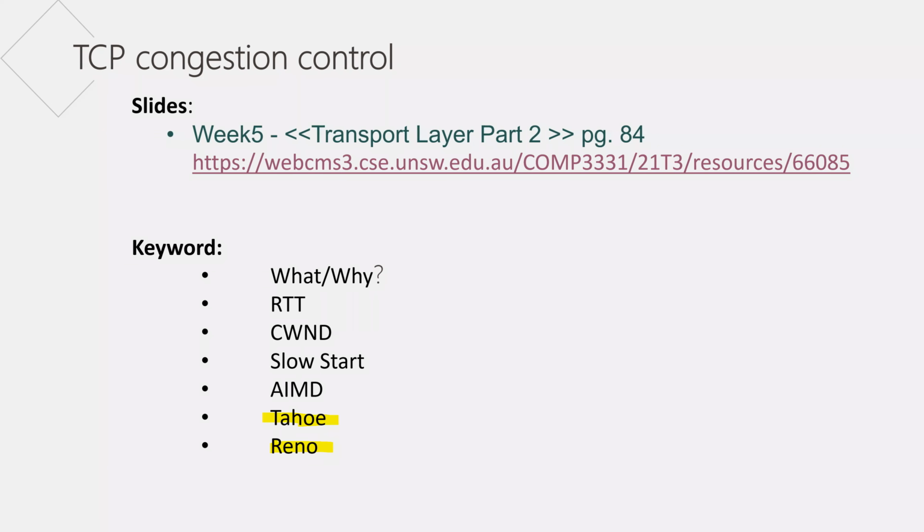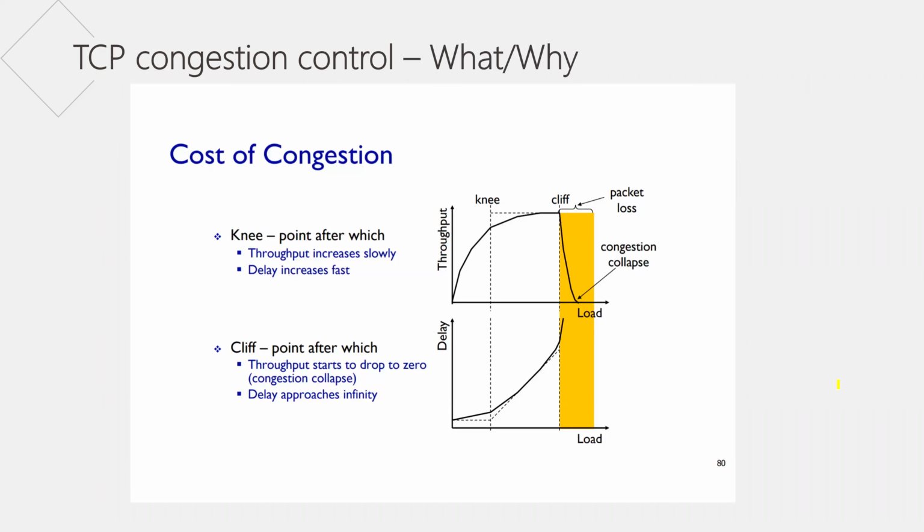So let's see what TCP congestion control is. Why should we use it? Have a look at the slides here. You can see this chart. The x-axis is the load of the internet, because let's say we have a bandwidth, say 100 Mbps.